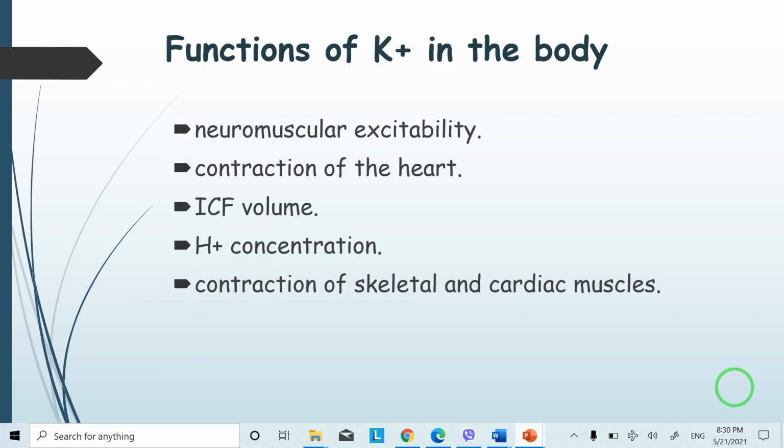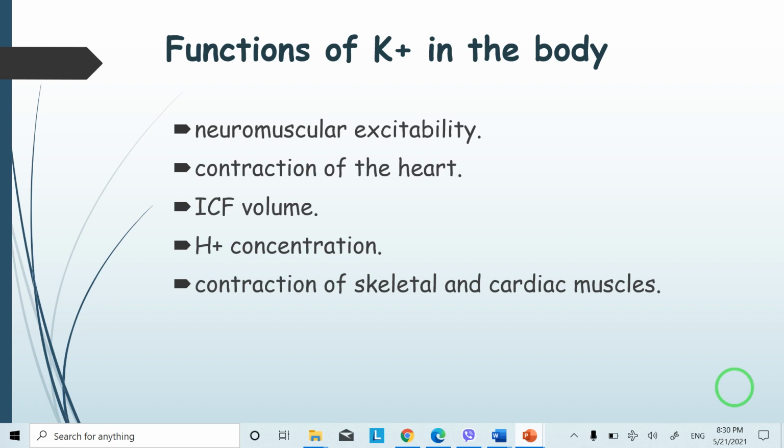Why is potassium important in the body? Because it is very important for proper neuromuscular excitability, for the contraction of the heart, for a normal intracellular fluid volume, for maintenance of hydrogen concentration within the normal range, and for the contraction of cardiac and skeletal muscle.